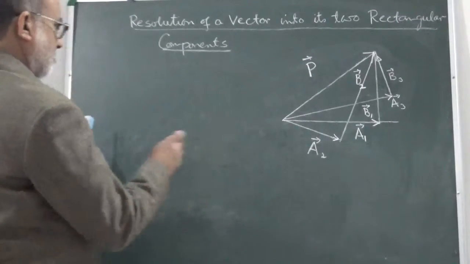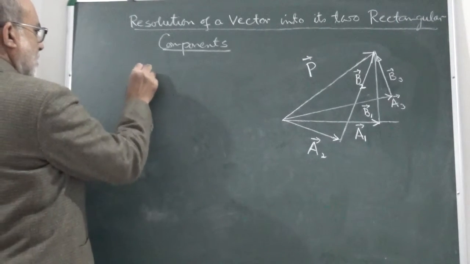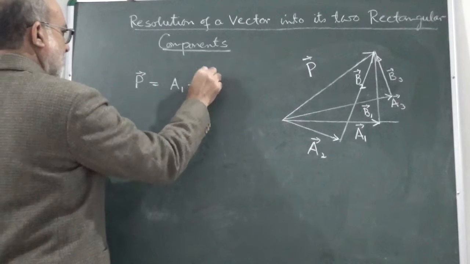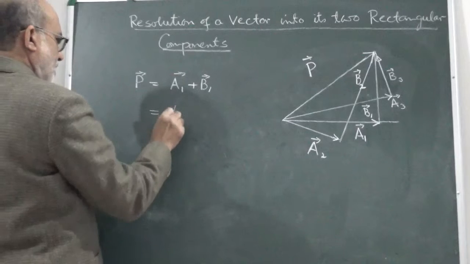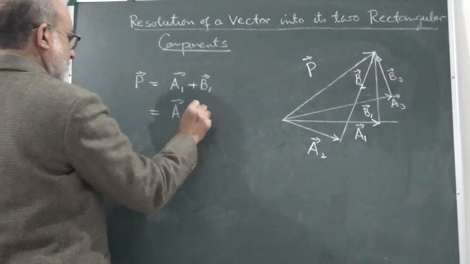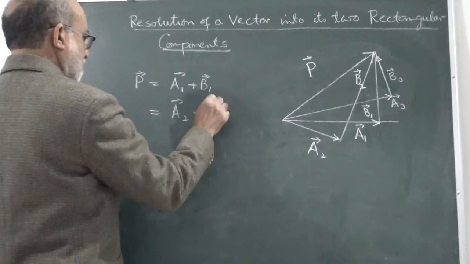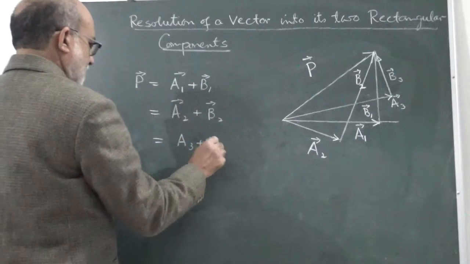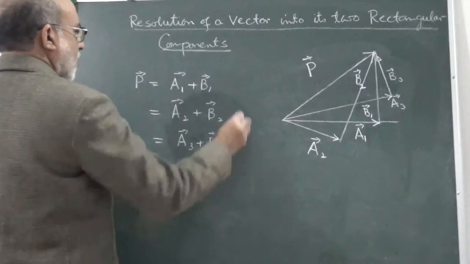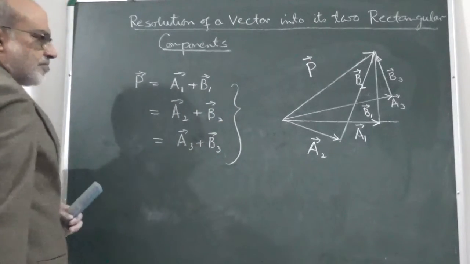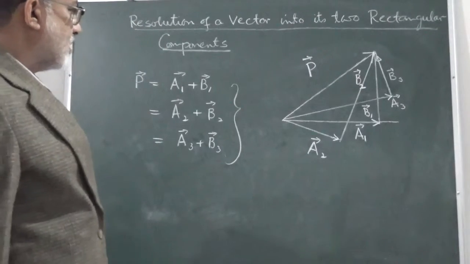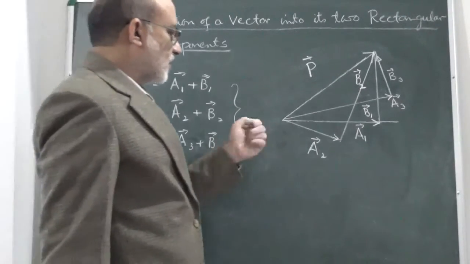So P can be written as A1 plus B1, or it can be written as A2 plus B2, or it can be written as A3 plus B3. All of them are equally correct. You can take any pair, but which one is to be taken depends upon the nature of the problem.